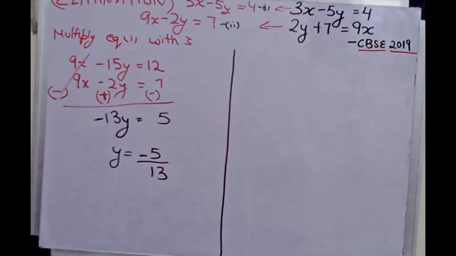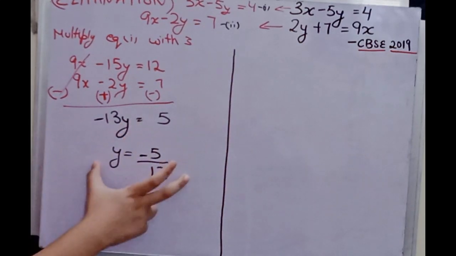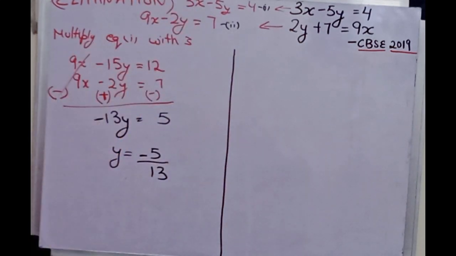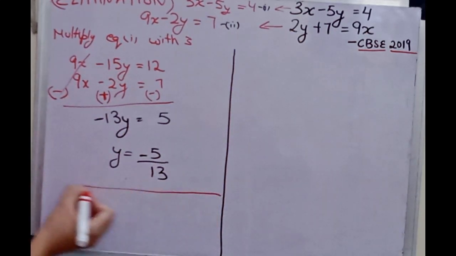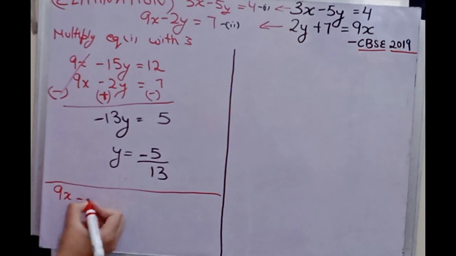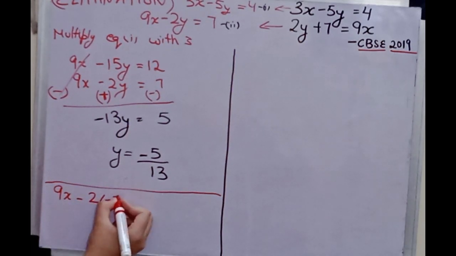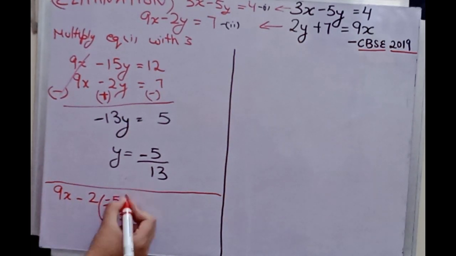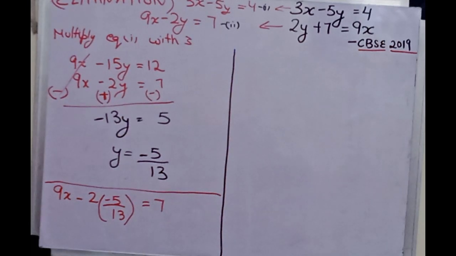Now what we'll do? We can put the value of y in either of the equations. Let us say I am putting this value in this equation: 9x minus 2 times minus 5 upon 13 equals 7. This is how our equation looks, right? Now I'll multiply it.